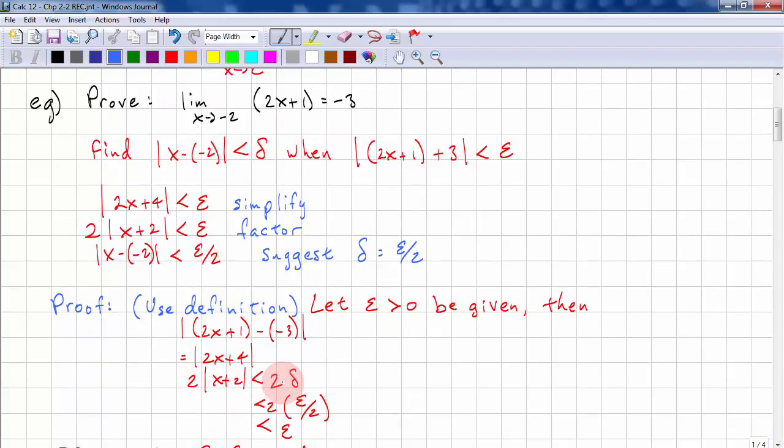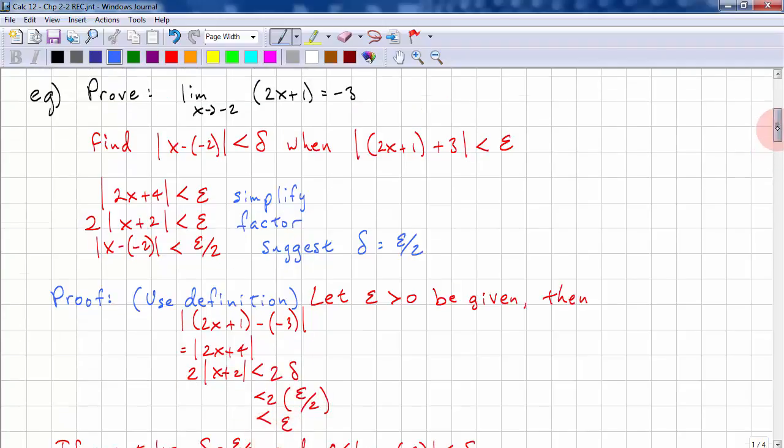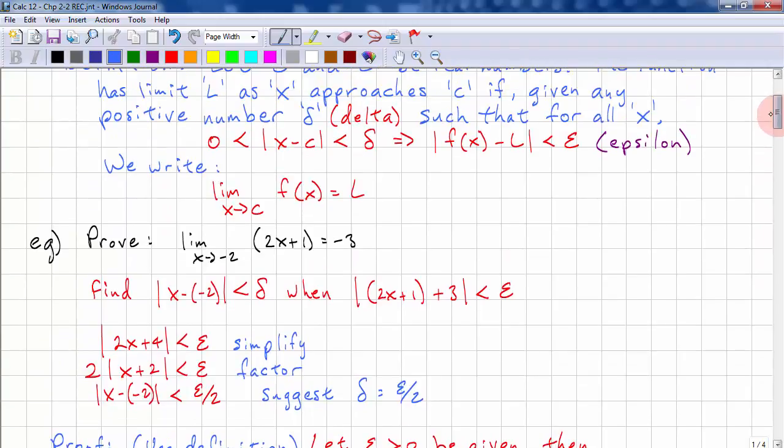We multiply both sides by 2, and this side stays the same. And then we get 2 times the absolute value of x plus 2 is less than 2 times epsilon over 2, because that's our delta. And we get less than epsilon, which is what we have here.